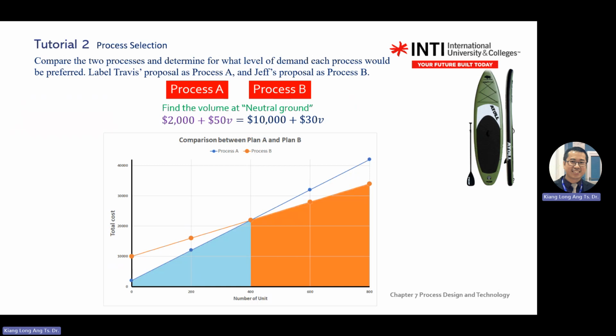If the volume is less than 400, the area under the graph is the cost. You can see that the orange color is higher than the blue color, so you choose blue. If the volume is more than 400, you will see that the cost for the blue line is higher than the orange line.